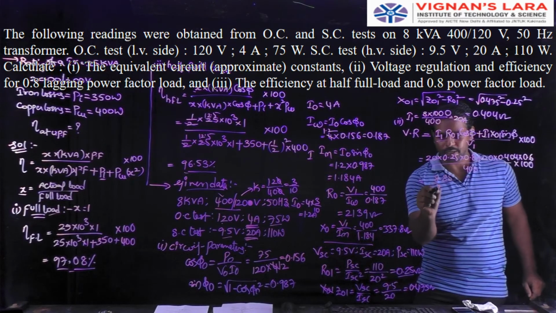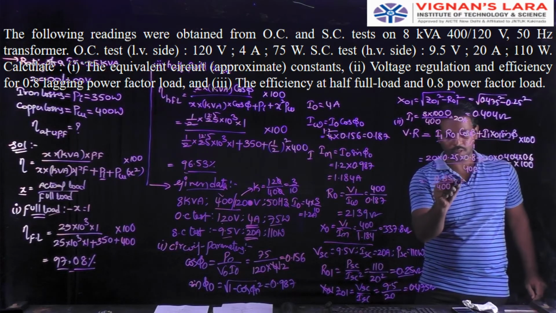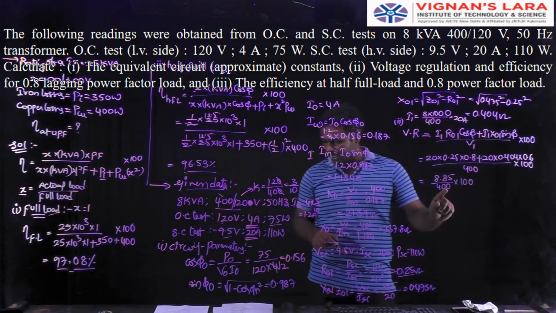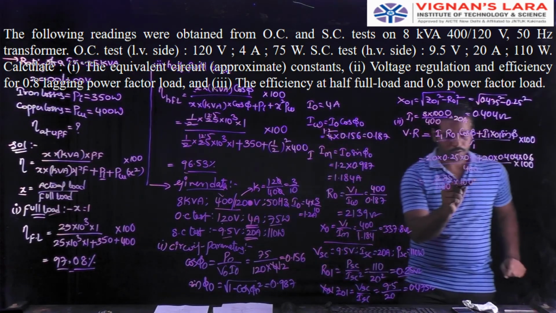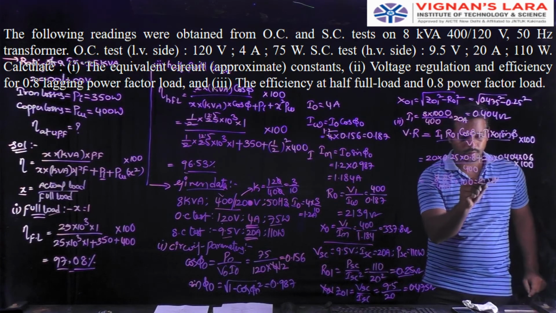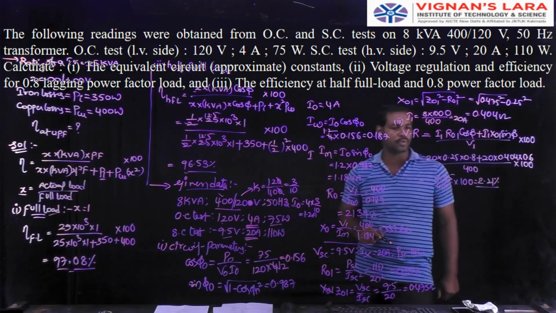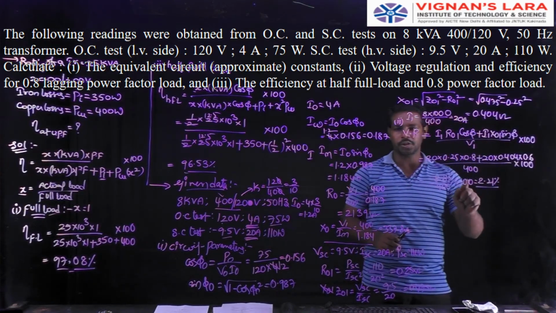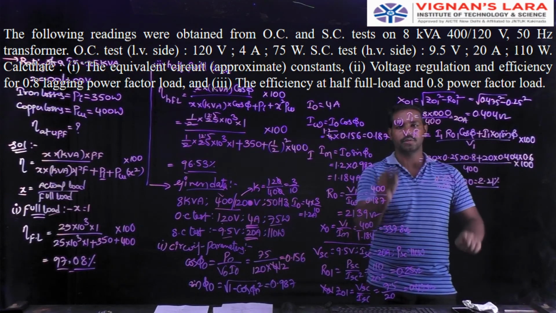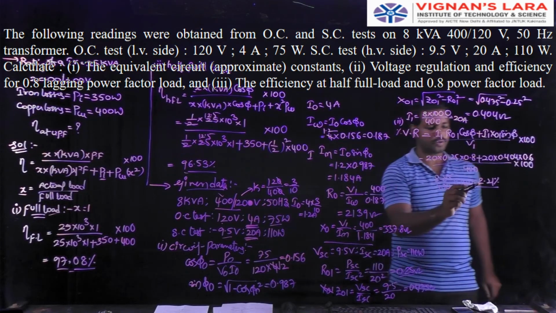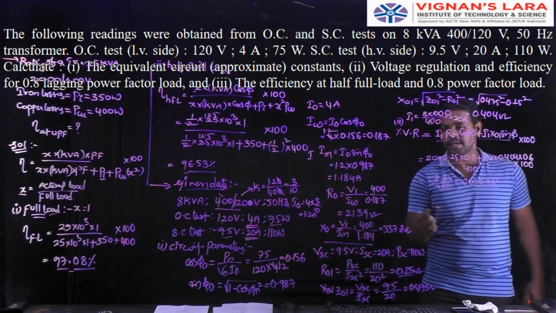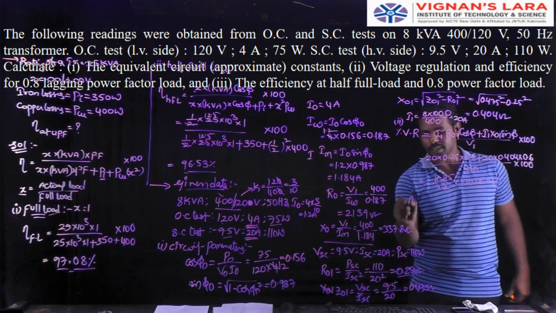So 8.85 divided by 400 into 100 gives the percentage of voltage regulation, which is 2.21%. So the voltage regulation at 0.8 power factor is 2.21%.